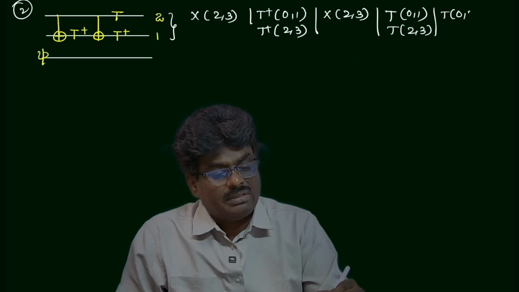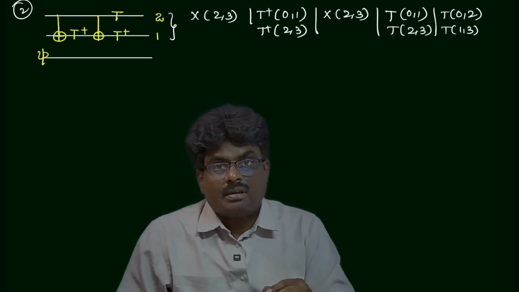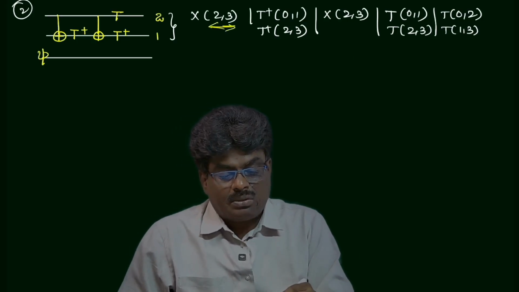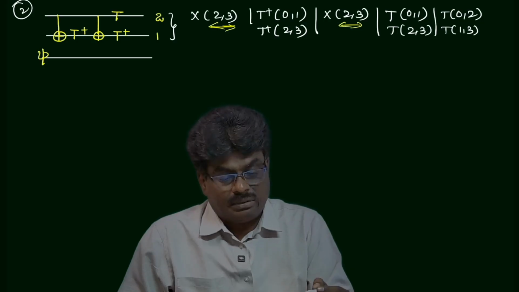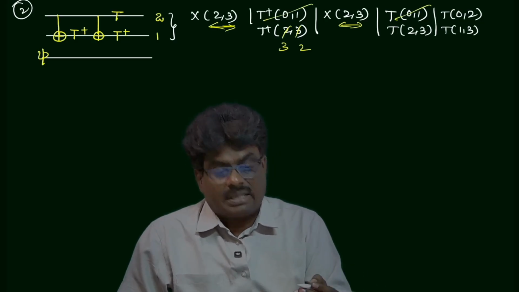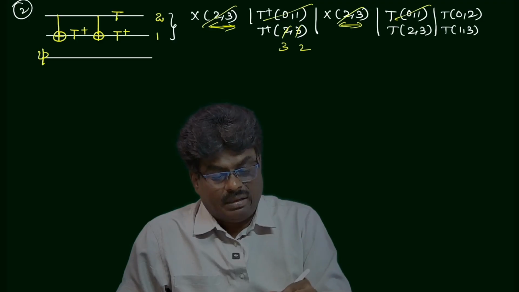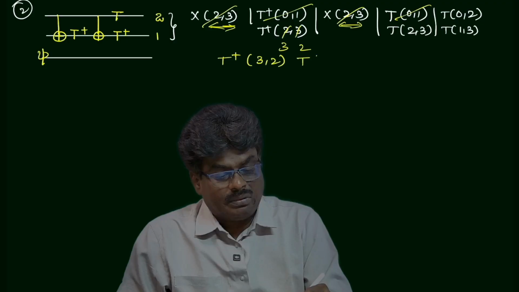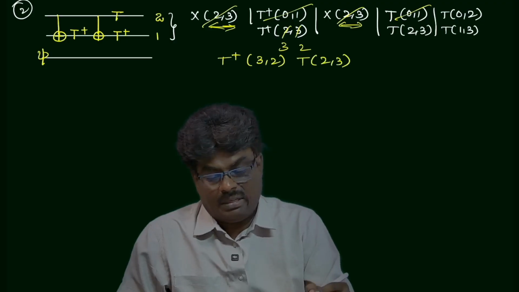Next again 0 comma 2, this time add 1 comma 3. So this is X on 2 comma 3 and 2 comma 3. So 2 will become 3, 3 will become 2. And this T dagger, T gets cancelled. So finally here we have T dagger on 3 comma 2, T on 2 comma 3.